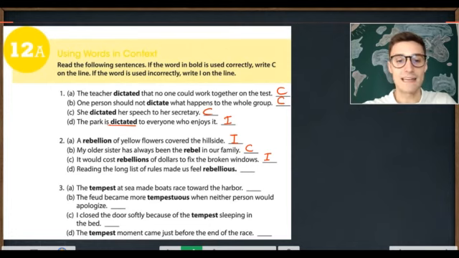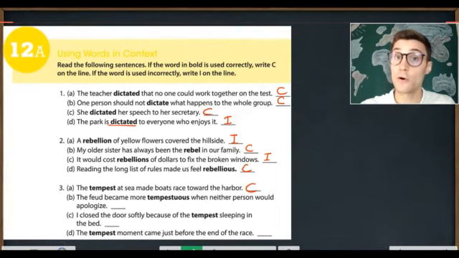D. Reading the long list of rules made us feel rebellious. Reading the long list of rules made us feel rebellious, like you want to go against the rules? Correct. Number 3A. The tempest at sea made boats race toward the harbor.